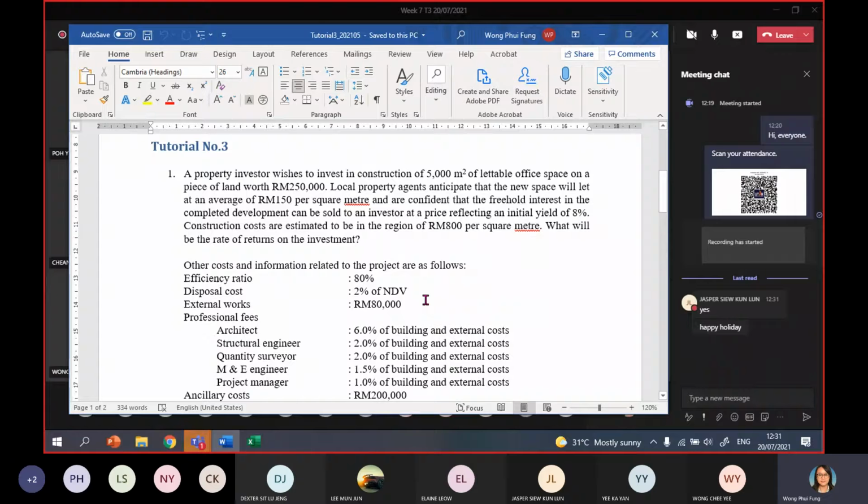Can anyone tell me, by reading this question, is it asking for the profit method or the residue method? Anyone?